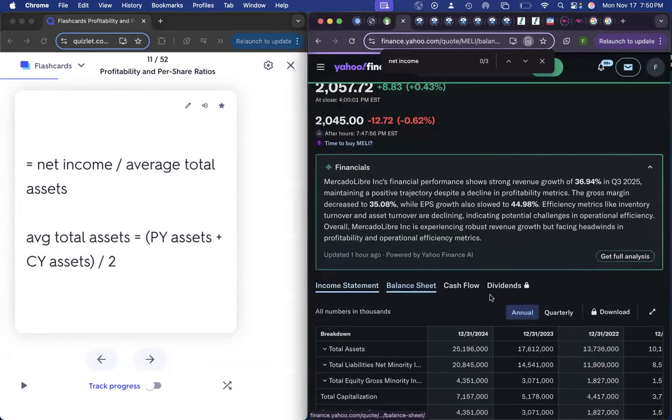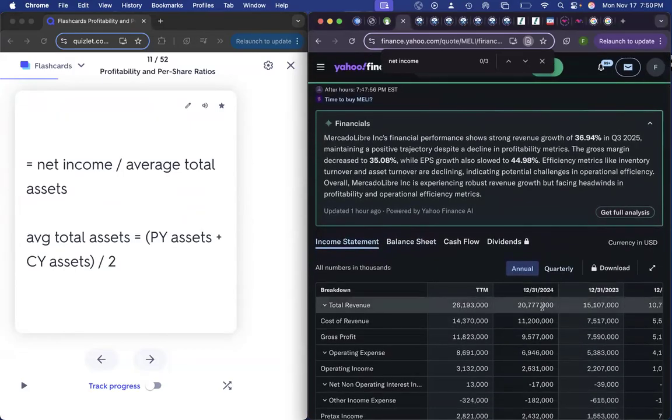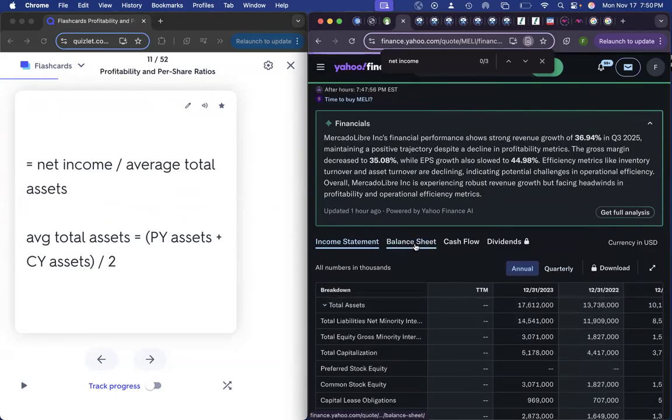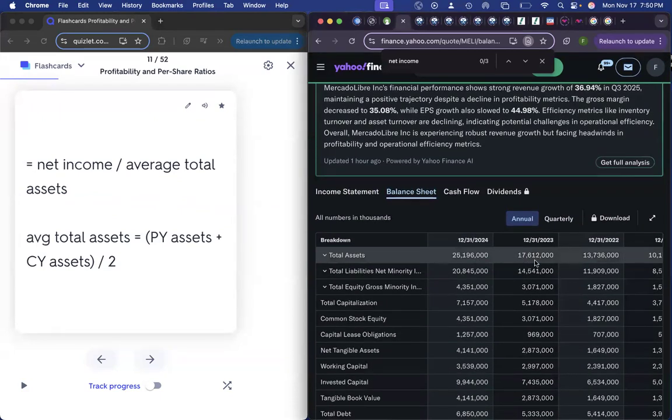Our numerator is still, if we go back to the income statement, that 20.7 million, and we divide that by 17.6 million plus 13.7 million divided, oh, sorry, those are the wrong years. 25.1 million added to 17.6 million, and divide that by 2.